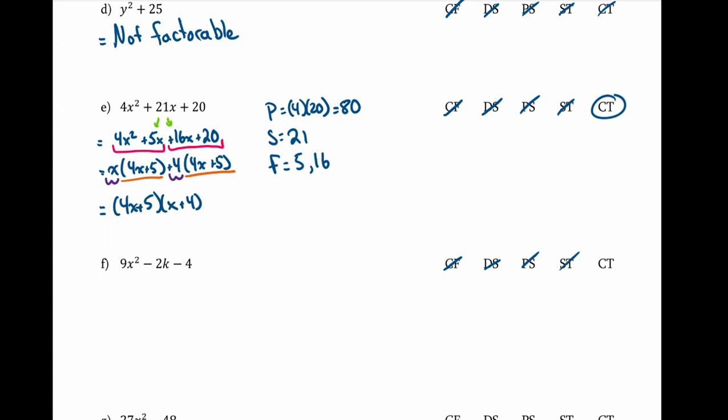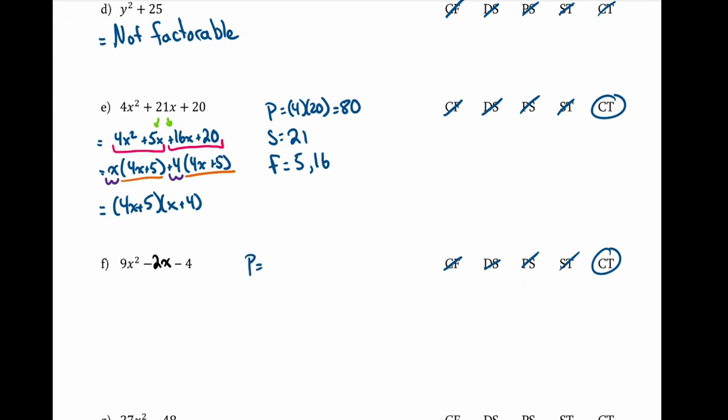No, it's not, because the value in front of the x squared is 9. Is it a complex trinomial? It would be, or it is, but if I look at my second term, we have negative 2k. So I believe that's a typo, so for sake of argument, let's assume that that is positive, or that it's an x, and let's treat it as a complex trinomial.